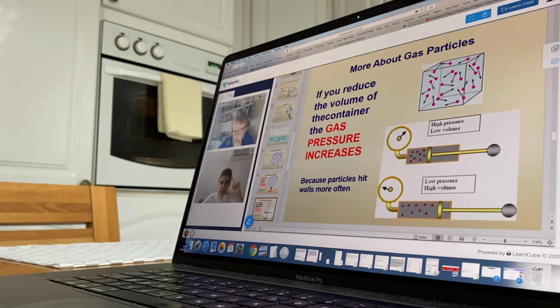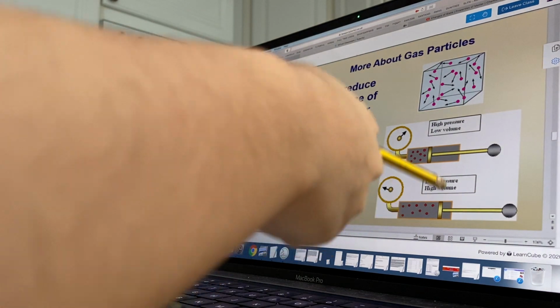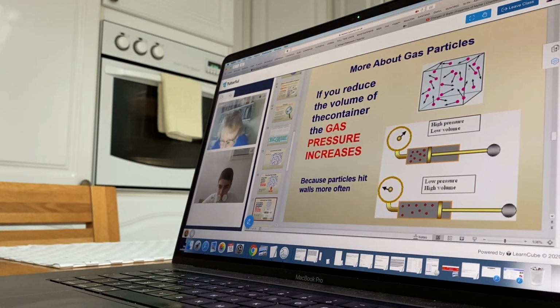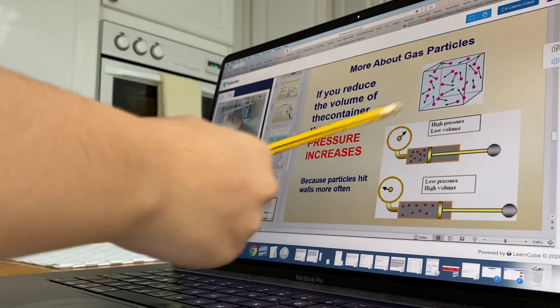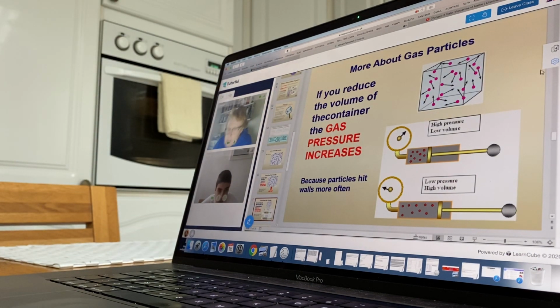I have a question. Absolutely, go on then. You said once you take it back out and the gas forms, how does the gas form back when you... Right, okay, in actual fact, you could try this with a bike pump if you got one. You push the bike pump in, so we're doing work to squash that air back down into a smaller volume, and the pressure goes up.